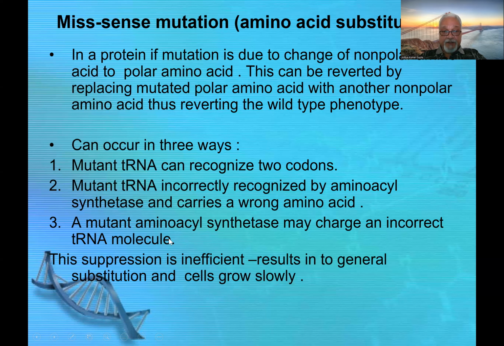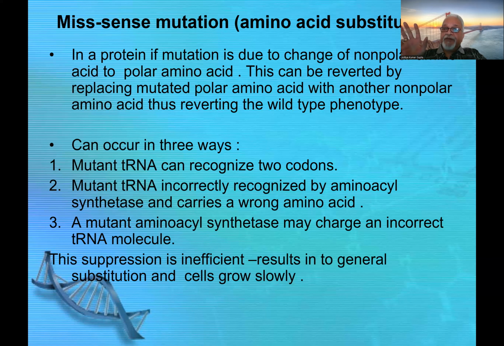So that is because it involves the second mutation in amino acid synthetase, which is not doing its job, charging the right kind of tRNA to take the right kind of amino acid, or it is charging a wrong mutated tRNA, which it should not, and that tRNA takes some amino acid and replaces the previous one.